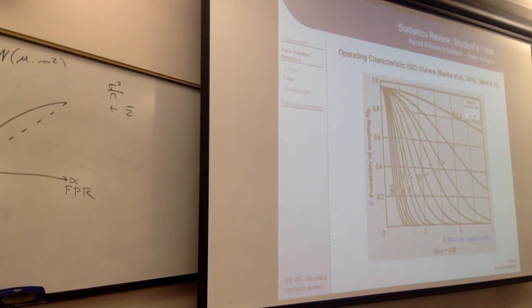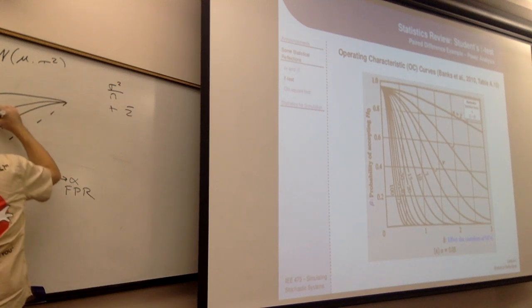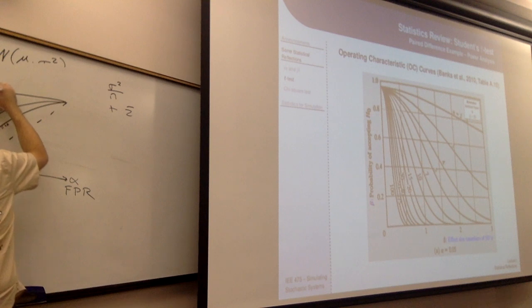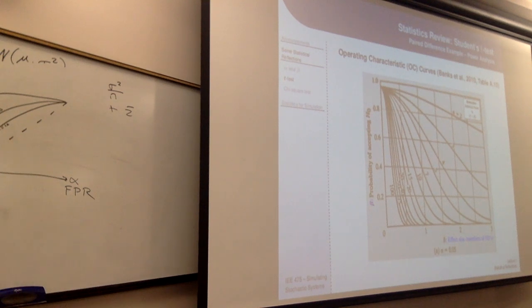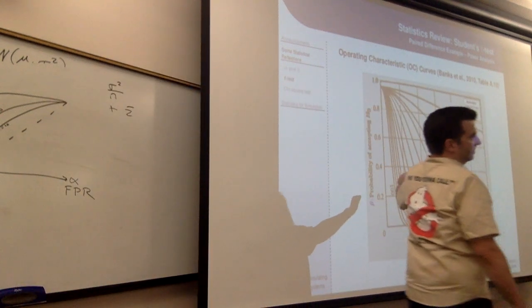For one statistical test, if you increase the number of samples, these curves get more and more corner-like. And so you could imagine writing n equals 10, n equals 20, n equals 30, and doing a similar analysis with these curves. So this is just plotted in a different way, but it's all the same data.